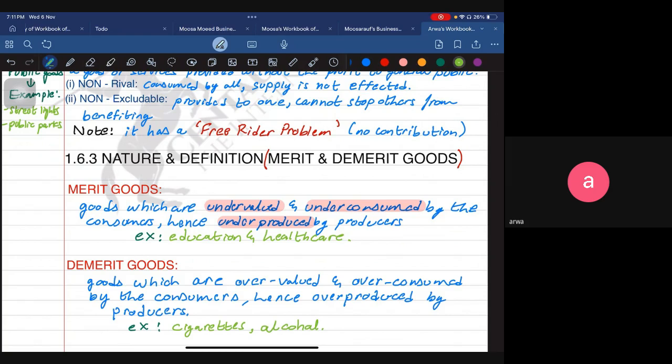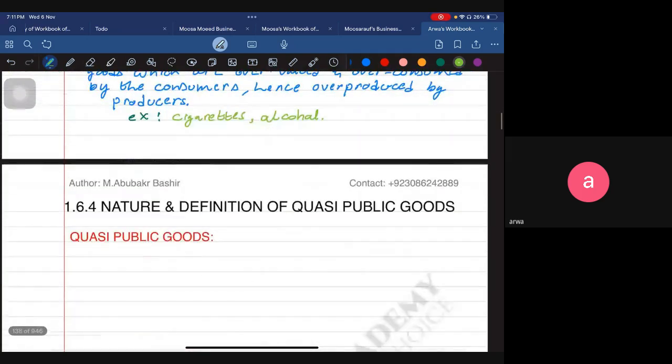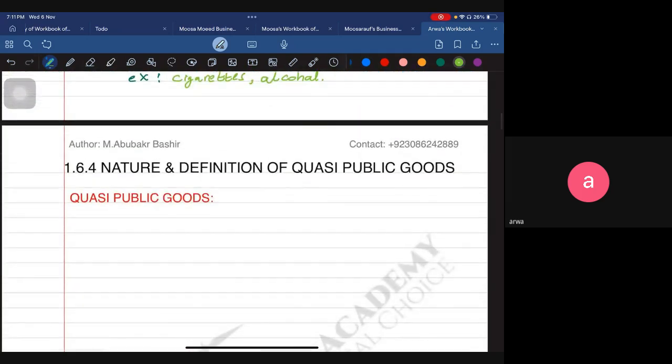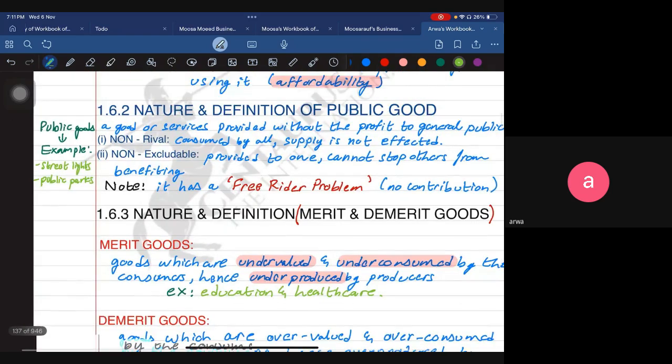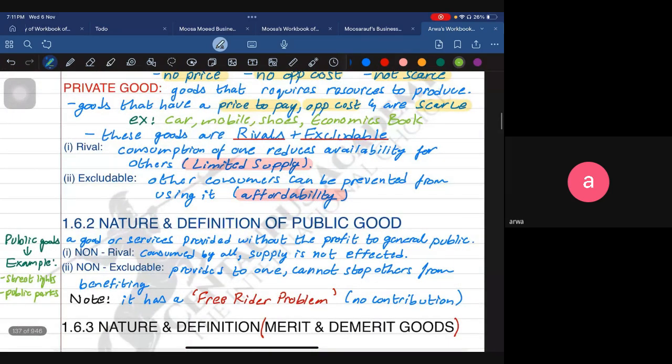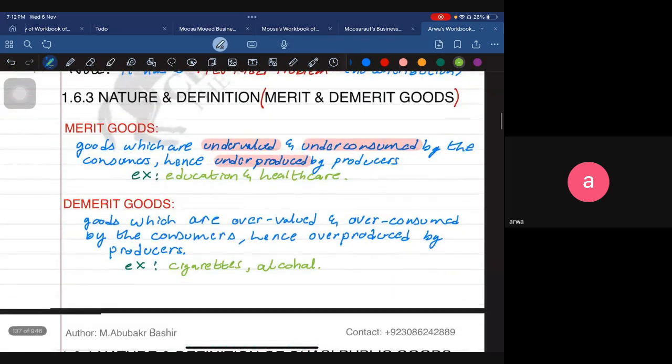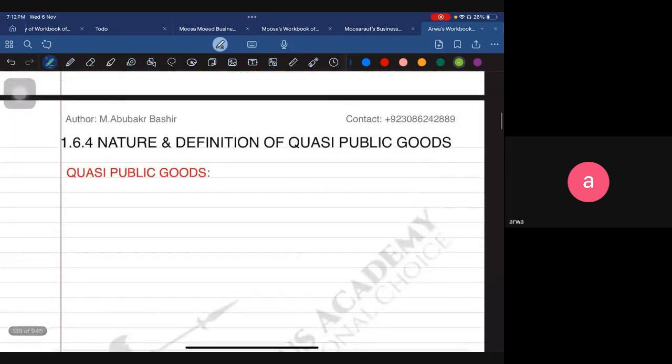Okay, so now we are coming to that point where you were discussing with me when you said, okay, fine, sir, I can explain this non-excludability point, but not the non-rival, because what I feel is that sometimes there is rivalry even in a public good, right? So that's why we are going to talk about the quasi-public goods.